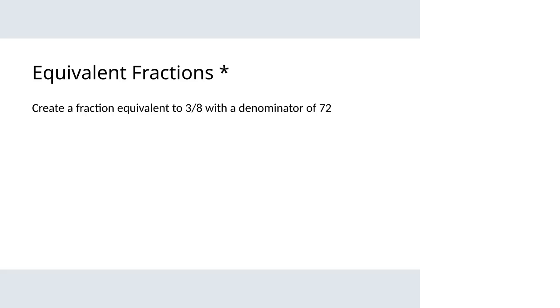Create a fraction that is equivalent to 3/8 that has a denominator of 72. I'm actually going to set up a poll for this one. I want you to create a fraction that is equivalent to 3/8, but your new fraction has a denominator of 72.